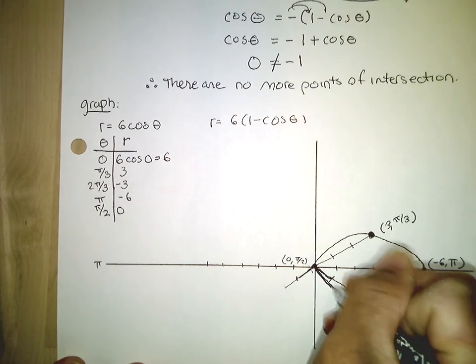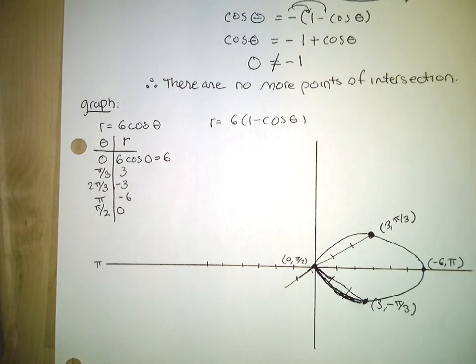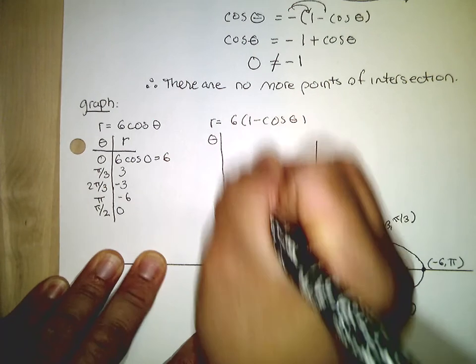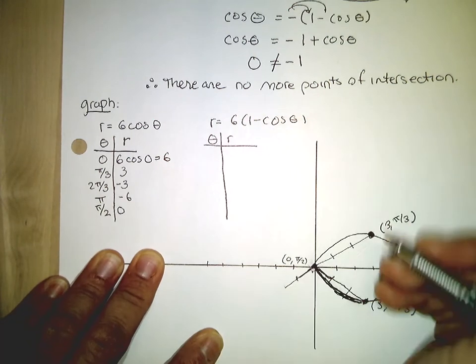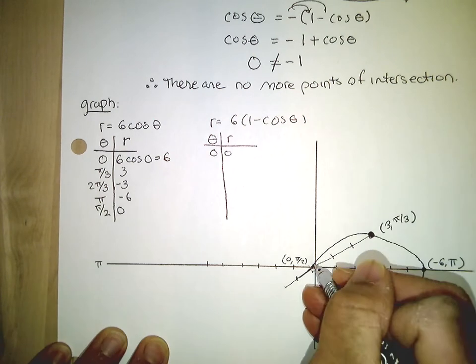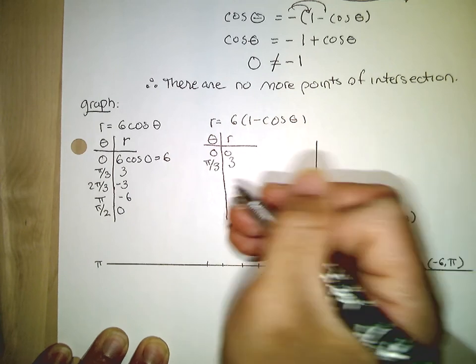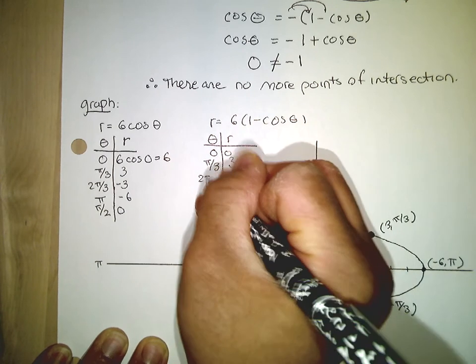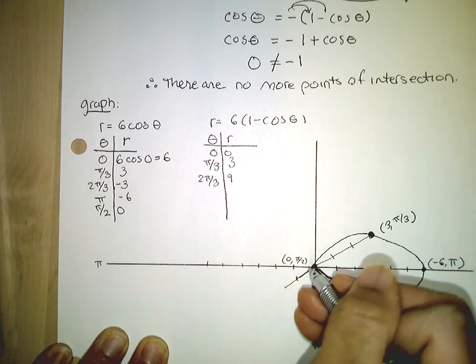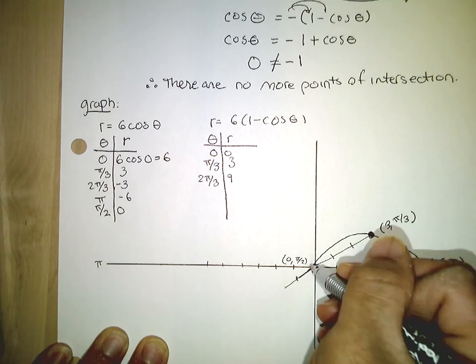All right. Now, for the other graph, theta and then r, we get 0, 0 right here. Pi over 3, 3 we know is a point already. So 2 pi over 3, 9. So here is 2 pi over 3, and we need 9.